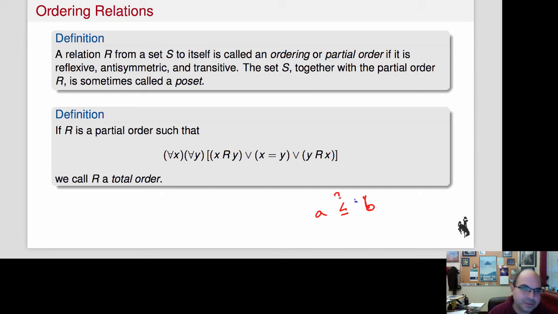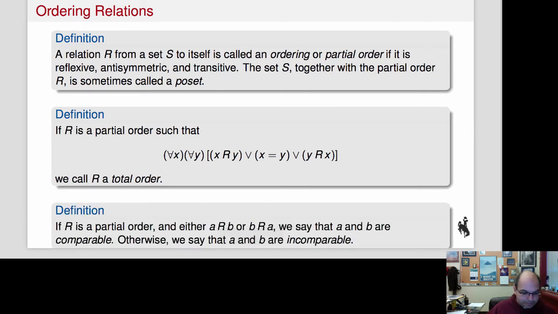So that's the difference between an ordering like less than or equal to, where you can always compare two things, so this is total, as opposed to subset or equal to, which is a partial ordering. But again, when I think of ordering, what I think of is reflexive, antisymmetric, transitive. Those are the key properties that we must have.